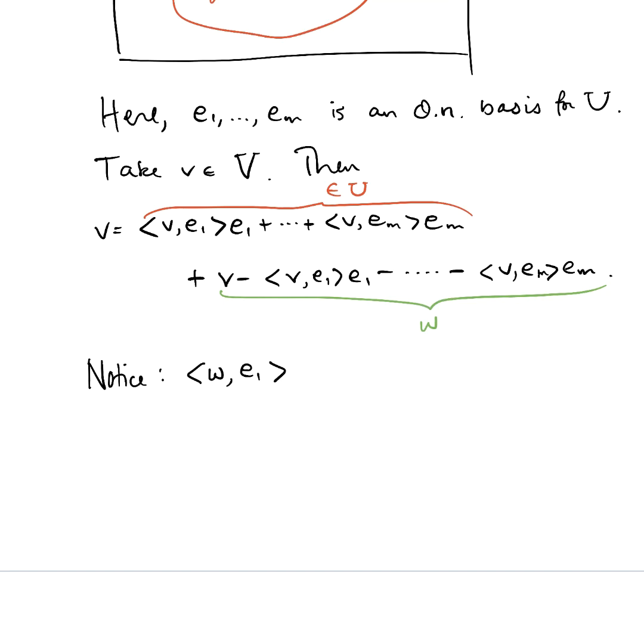All right, well, w is a big linear combination of things. But remember, we have additivity and homogeneity in the first slot. So even though w is that big thing, it kind of comes down to what each little piece of w does when you inner product with E1. So let's go through the pieces.